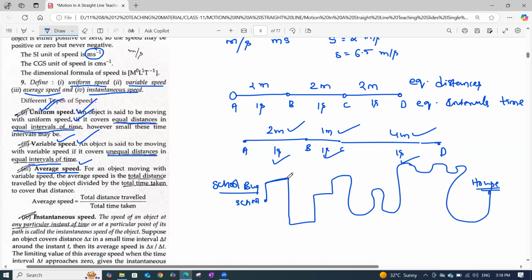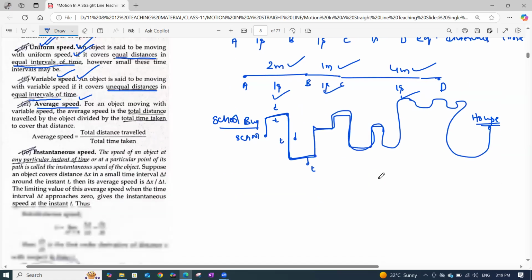From this point to this point, it might travel some distance in a certain time. From here to here, some distance in some time. Like that, on every path it will take different distances and different times. So to reach your house, your school bus or vehicle will travel multiple distances in different amounts of time. So to reach your house, you calculate average speed.